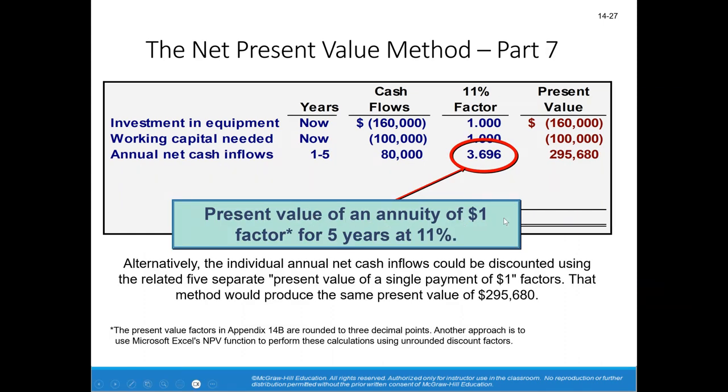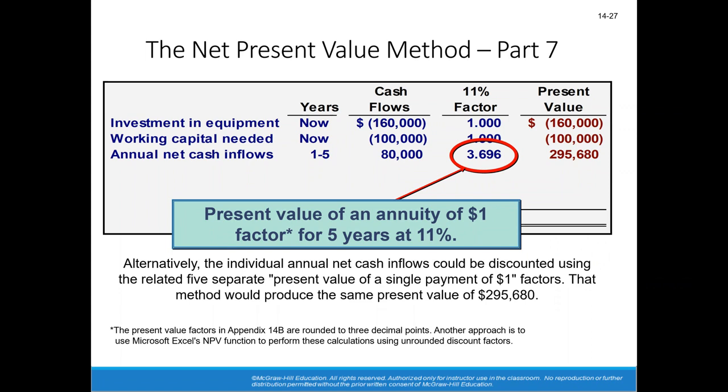So the present value of an annuity of one factor for 5 years. Now there are present value tables, but you can get an HP 12C, I believe. I think they still make them. I've had mine for probably 40 something years, and you can just plug it in. It'll give you the amount.